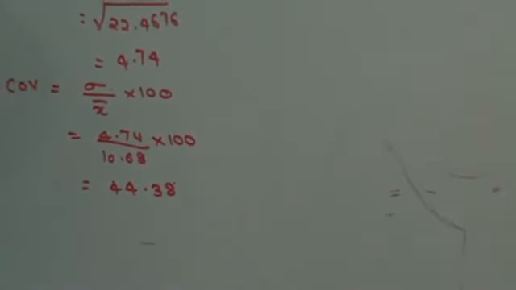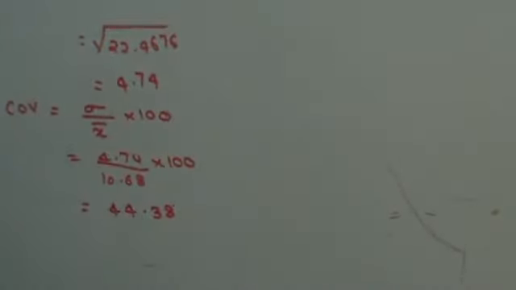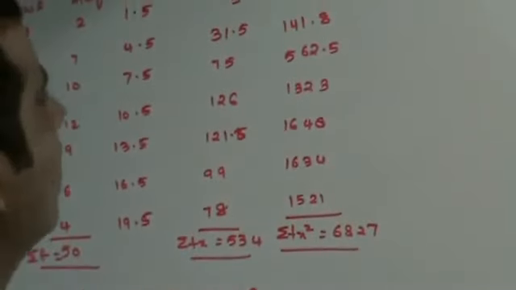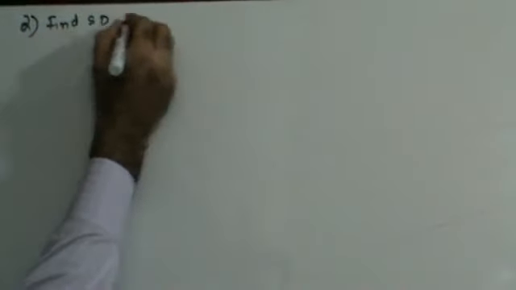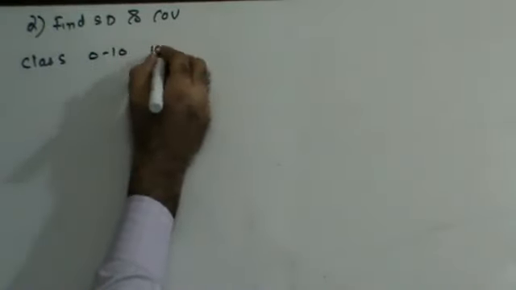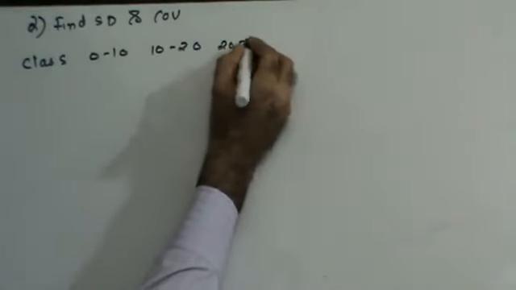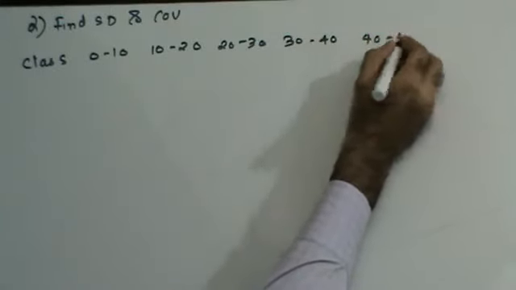Now, I'll give you a couple of sums of this kind to solve on your own. I'll write the sum on the other side. This is the next type of sums that you have. Now, question 2, same. Find standard deviation and coefficient of variation. They've given you that class interval is 0 to 10, 10 to 20, 20 to 30, 30 to 40, 40 to 50.